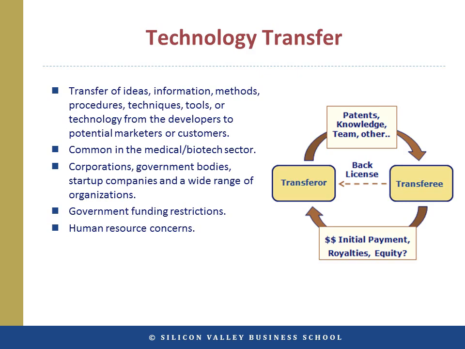The transferor is generally a research and development organization that does not have appropriate routes to market for the technology in question. The transferee is generally a corporation or startup with access to markets via sales, marketing and distribution channels that's looking to expand by sourcing new products and revenue streams.